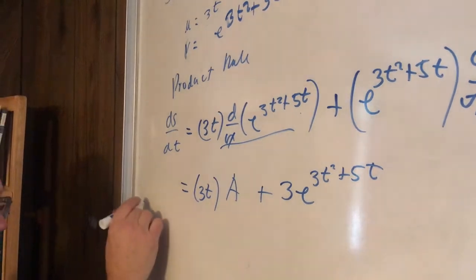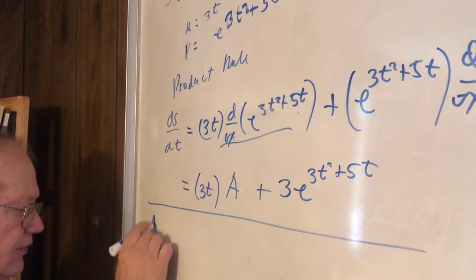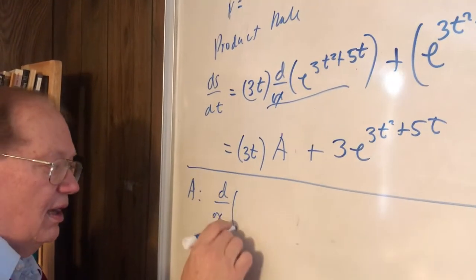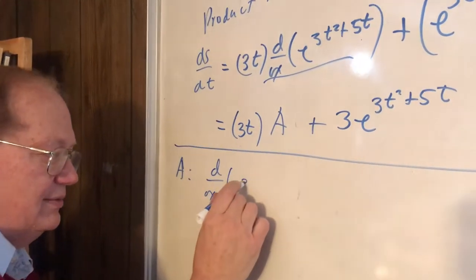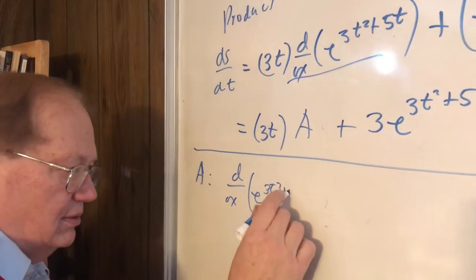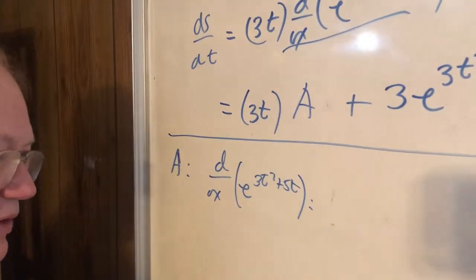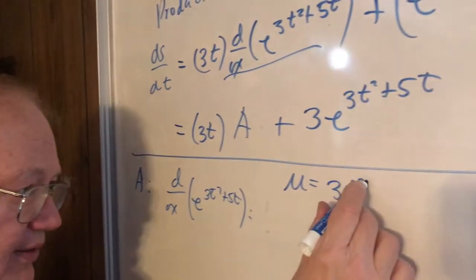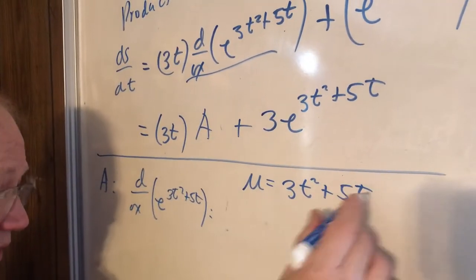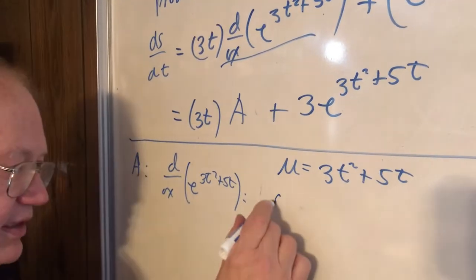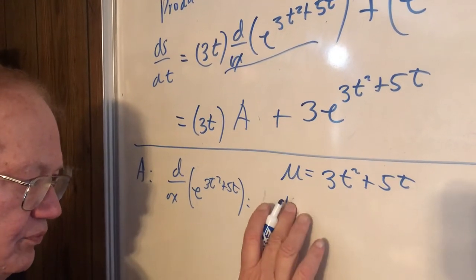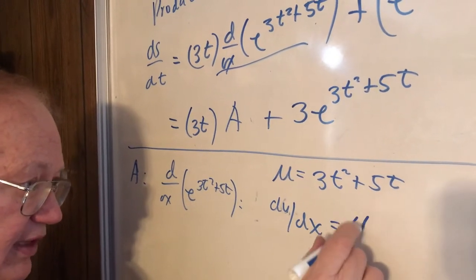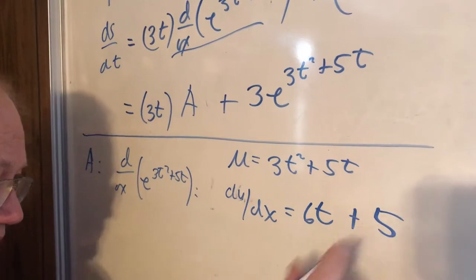All right, so let's look at a. So a is the derivative of e to the 3t squared plus 5t. Now you want to let u equals 3t squared plus 5t. du dt is 6t plus 5.